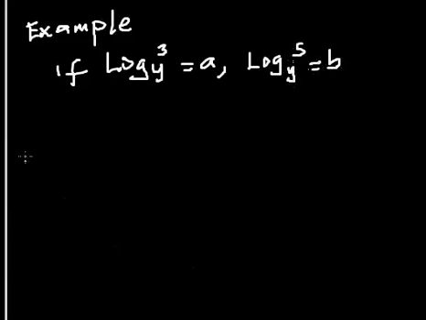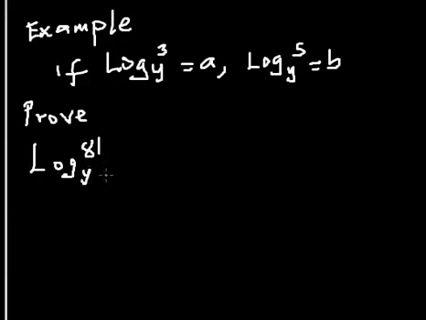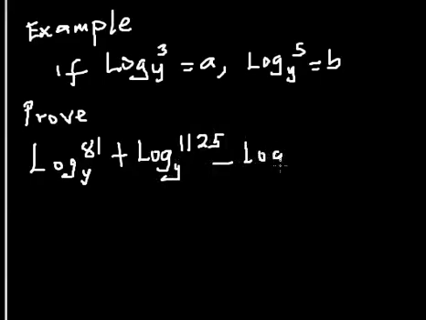Now the question is, prove that when you evaluate log 81 in base y, plus log 1125 in base y, minus log of 1 over 15 in base y, your answer should yield 7a plus 4b.